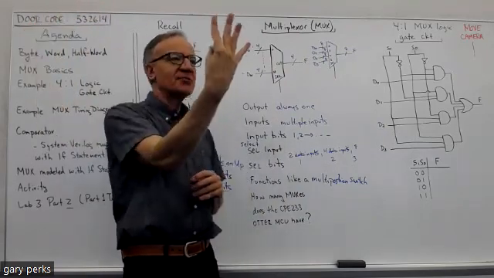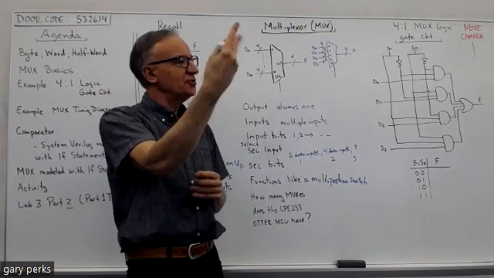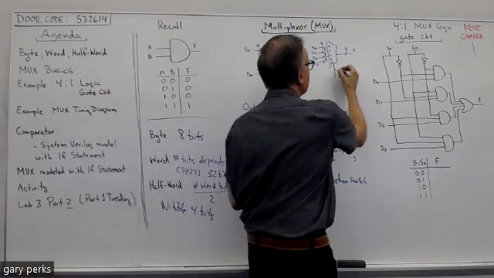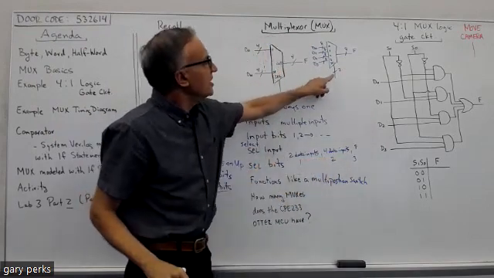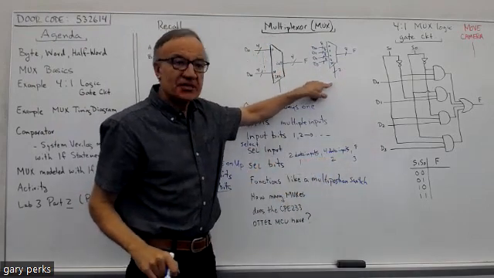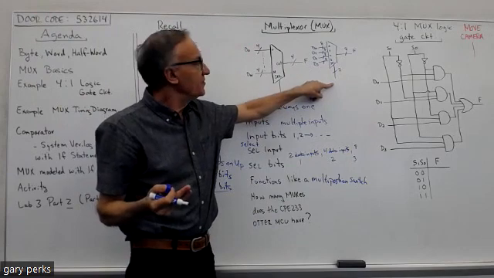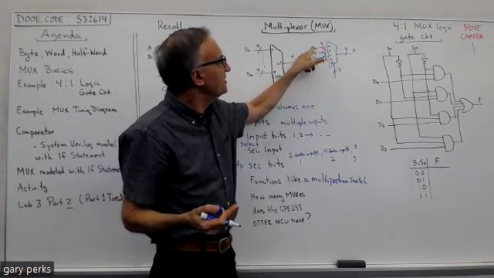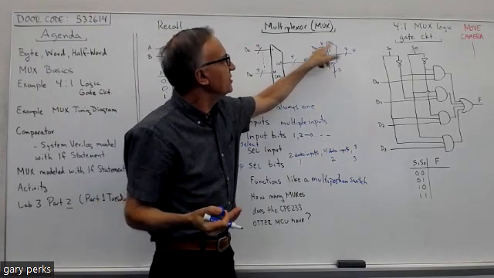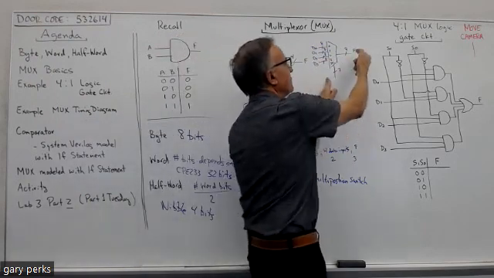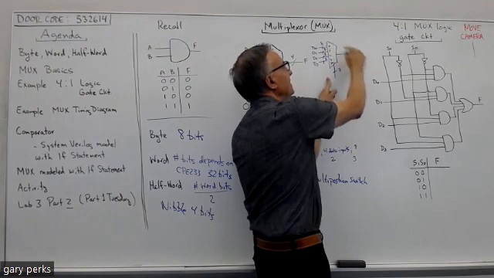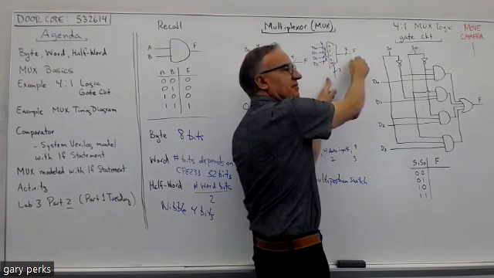If there's 4 possibilities, I would need 2 bits. So your select line would be 2 bits. If our select line is 0, 0, a binary 0, that's going to connect the data on the 0 input to the output. So by putting a 0, 0 here, I'm now getting D0 at the output.